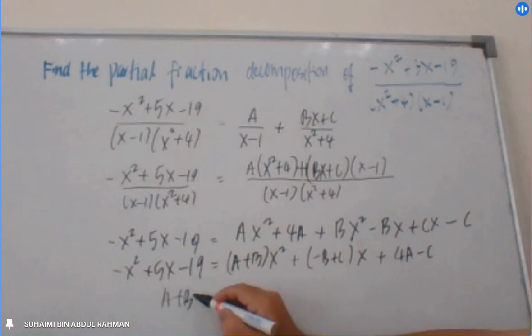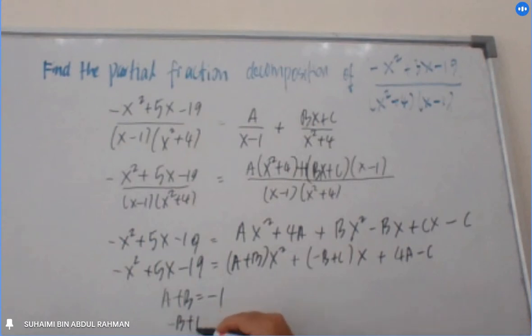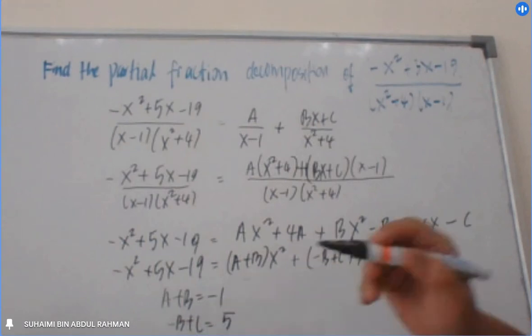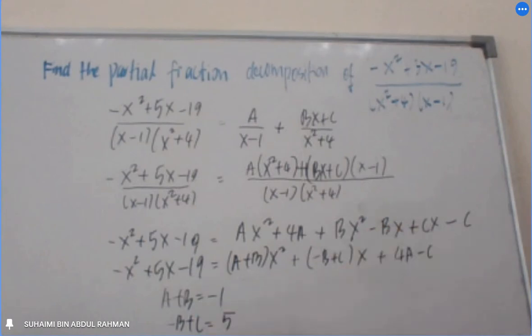A plus B equal to -1. Minus B plus C equal to 5. A minus C equal to -19. What do you get for A, B, and C?